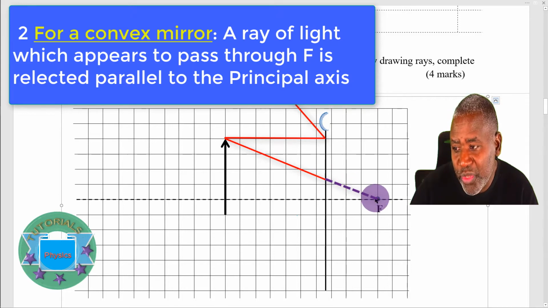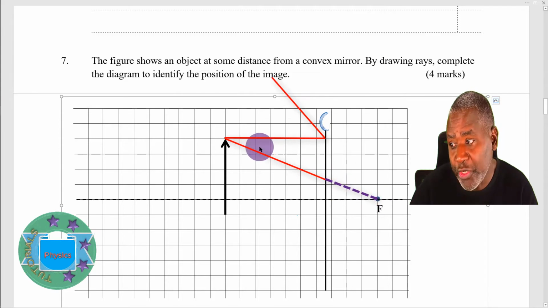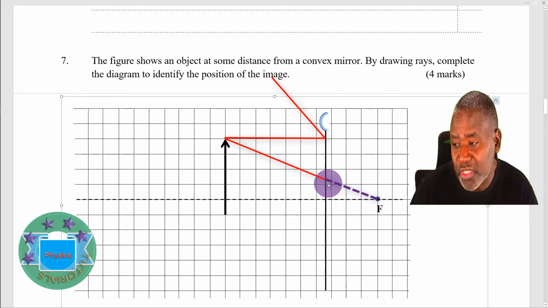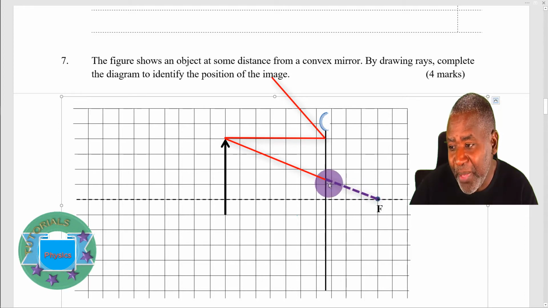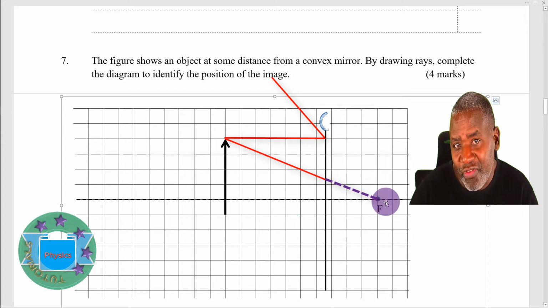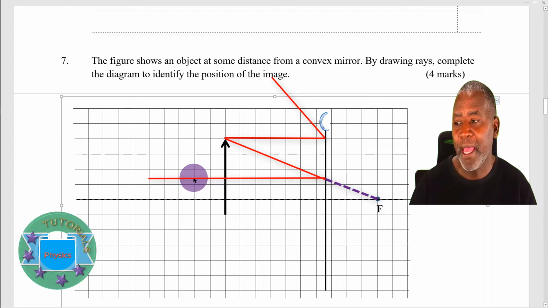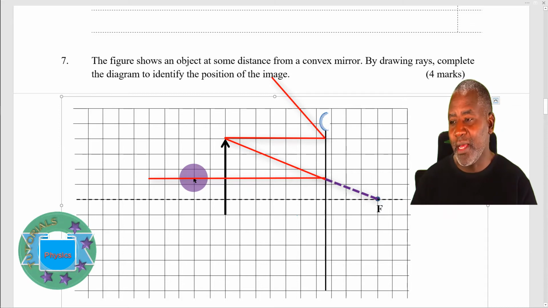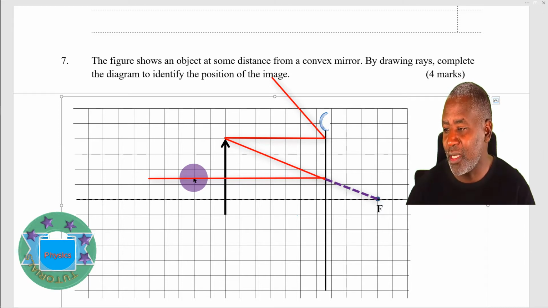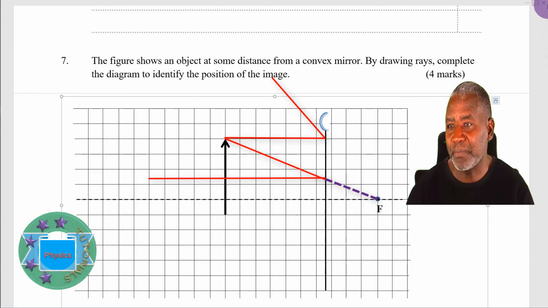If we were to continue with it, it would pass through F, so we don't continue beyond that point. We just dot it to show that it appears to pass through F. That ray will be reflected parallel to the axis. Let's look at the actual diagram that we have already drawn in order for you to get the concept.